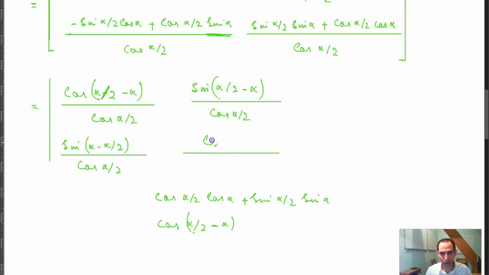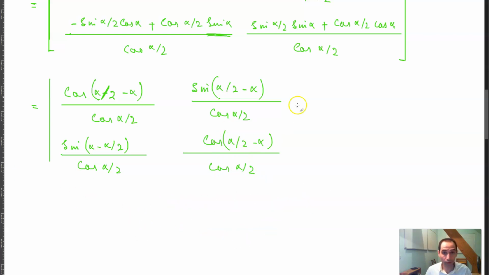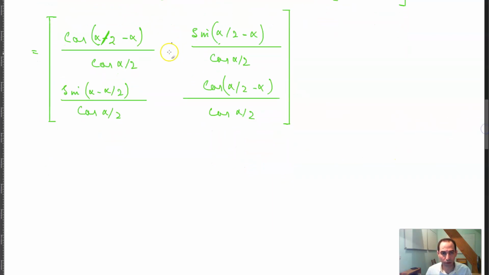So you can write this as cos of alpha by 2 minus alpha and divide that by cos of alpha by 2. And therefore, we will have this matrix. Now I need to make a couple of changes here, meaning that alpha by 2 minus alpha, I need to calculate, and that is basically alpha minus 2 alpha over 2, which is equal to negative alpha by 2.